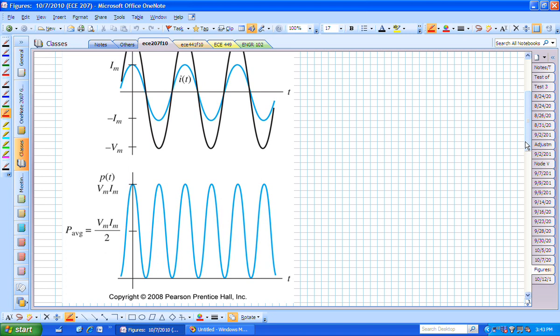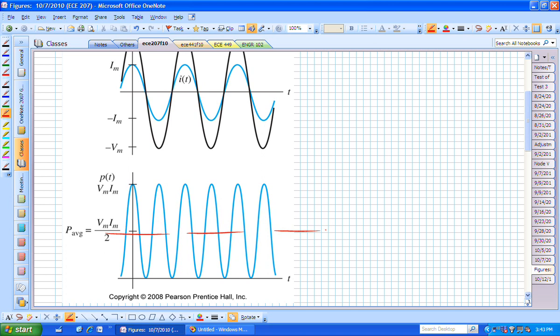And you see that it's always positive, always above the horizontal axis. The DC value is right there. It's an offset of V sub m I sub m over 2 with this oscillation around that average value.